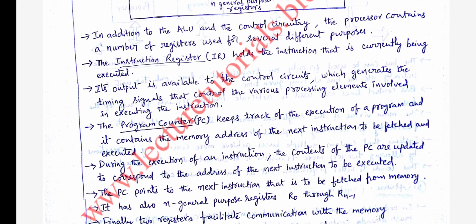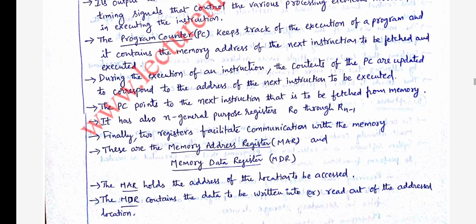The instruction register always contains the instruction currently being executed. That output is transferred to the control unit or control circuits, which generate the timing signals that control the various processing elements involved in executing the instruction.